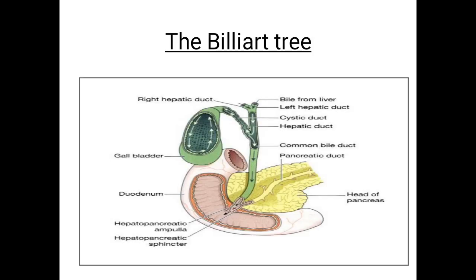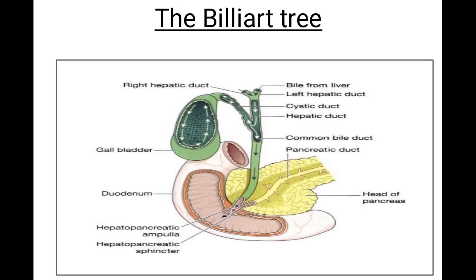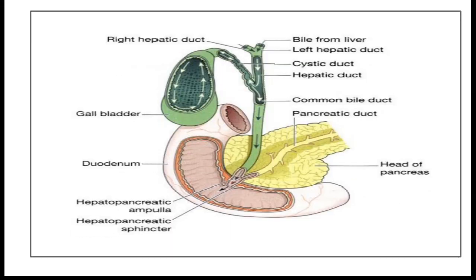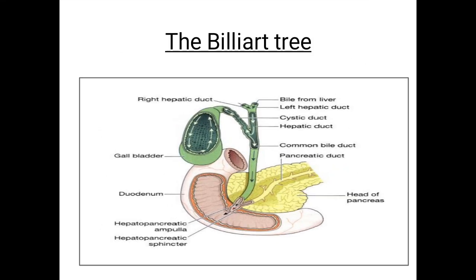So this is a biliary tree. When they say you draw a biliary tree, this is what they mean. When you're drawing your diagram, make sure that your diagram has a very good heading.